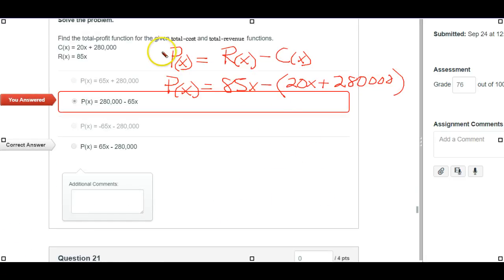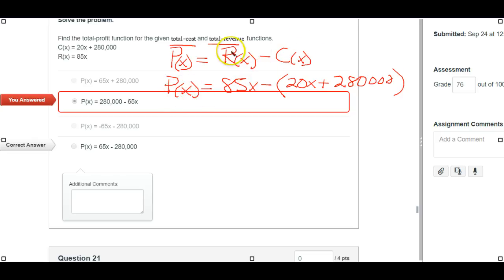Okay, this one is giving you what they want to do as total cost and total revenue. So if you take your revenue and subtract the cost, that will give you the profit. So that's what they're looking for here.